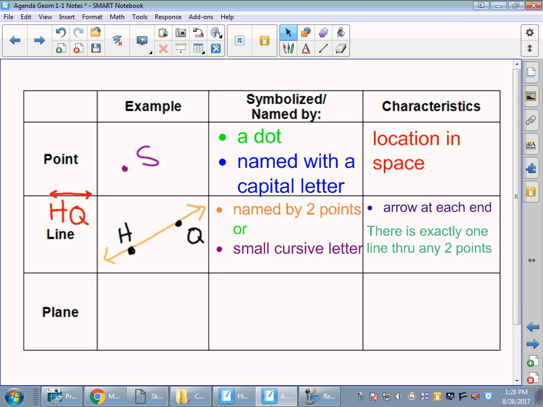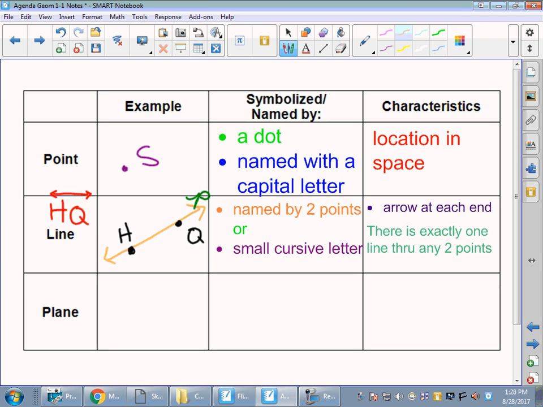If you find that you're running out of space in those little boxes that I give you, feel free to write in the margins, draw arrows, make abbreviations for things, whatever makes you happy. Also, I said that we could name this by a small cursive letter. So a lot of times near one of the 2 arrows, let's name this P. Notice it's a small cursive letter.